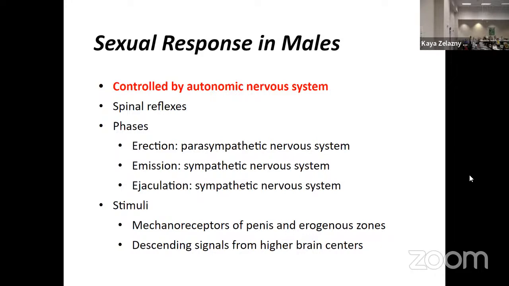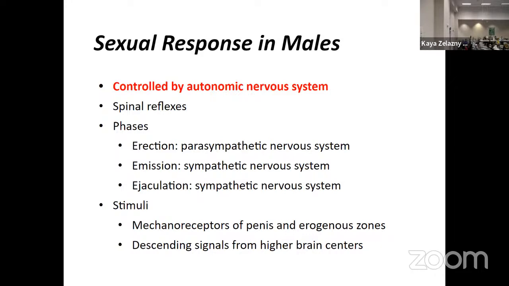So the stimuli for going through these phases are multifaceted. So we have lots of potential stimuli. Primary ones, we're going to be thinking about mechanoreceptors in the penis, so touch sensation, essentially, right? As well as mechanoreceptors in other erogenous zones. And this is going to be partially because we have linkage between all these mechanoreceptors out in our body and higher brain centers, right?